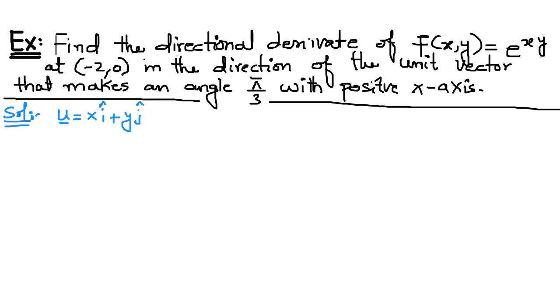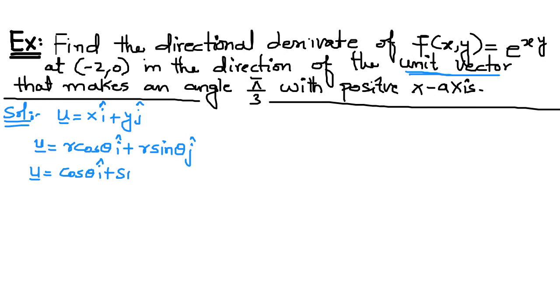When we talk about polar coordinates, x represents r cosine of theta and y represents r sine of theta. When you talk about the unit vector, it means r is equal to 1. So the unit vector will give you cosine of theta i plus sine of theta j.